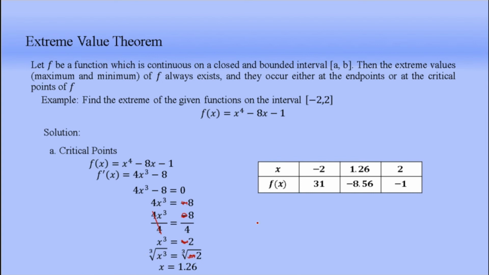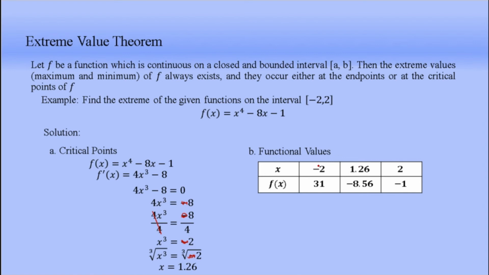So now, after finding the critical point, we can observe that the critical point of the function is included in the interval -2 and 2. So that's why we're going to find the functional values including this critical point with the endpoints.